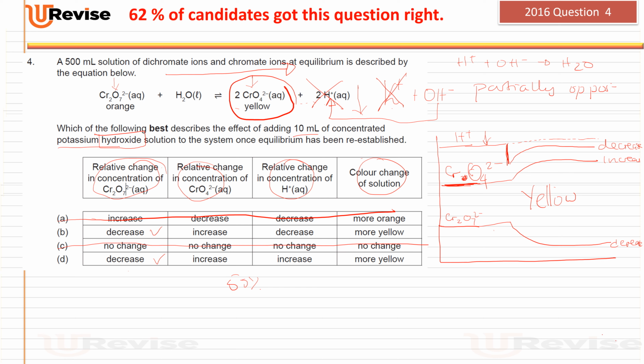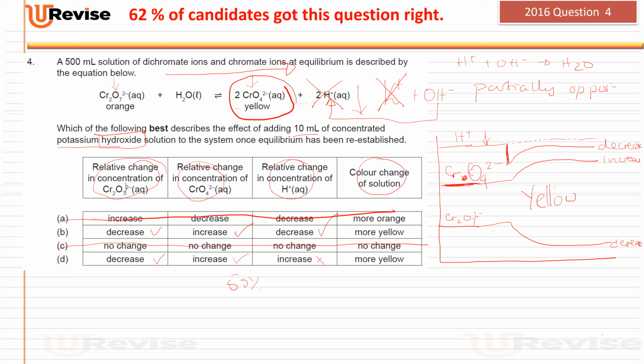Now let's take a look at B, the next one. We're going to ignore the first one because it's no longer an option. Will the chromate increase? Yes, we can see the chromate increases. And on here, the chromate does increase as well. Now, for H plus ions, this one tells us that the H plus ions decrease. That's correct. This one tells us that the H plus ions increase.